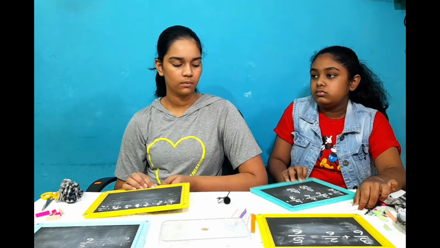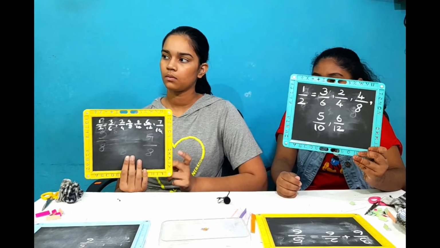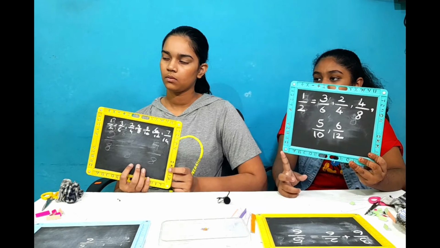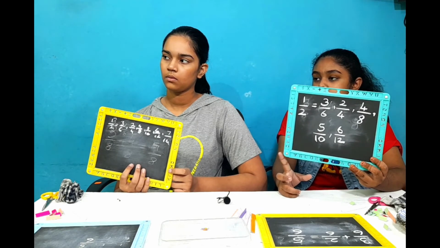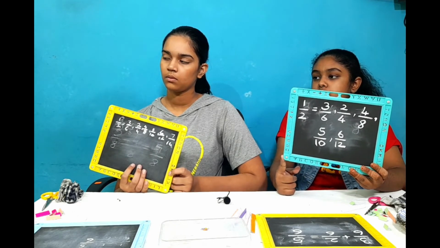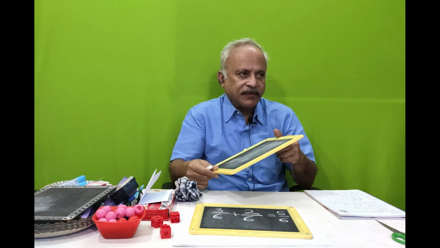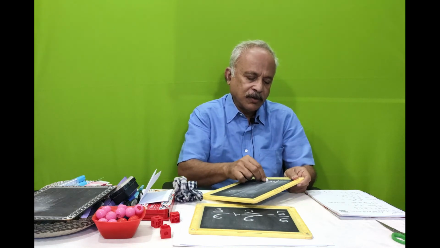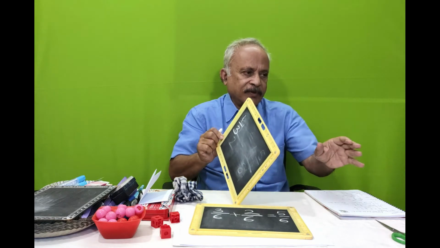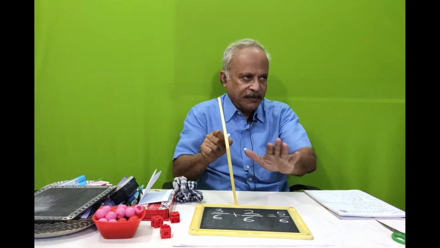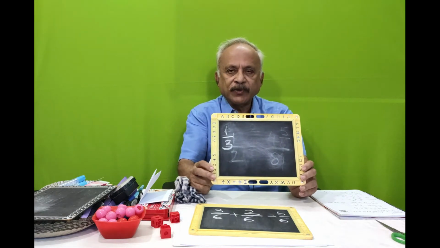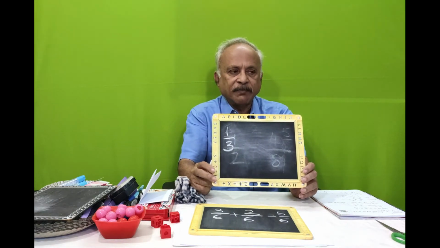Okay, show us what you have written. 1 by 2, 3 by 6, 2 by 4, 4 by 8, 6 by 12, 7 by 14. On the other side of the slate, write some ratios which are equal to 1 by 3. No, leave what you have written on one side, keep that there.